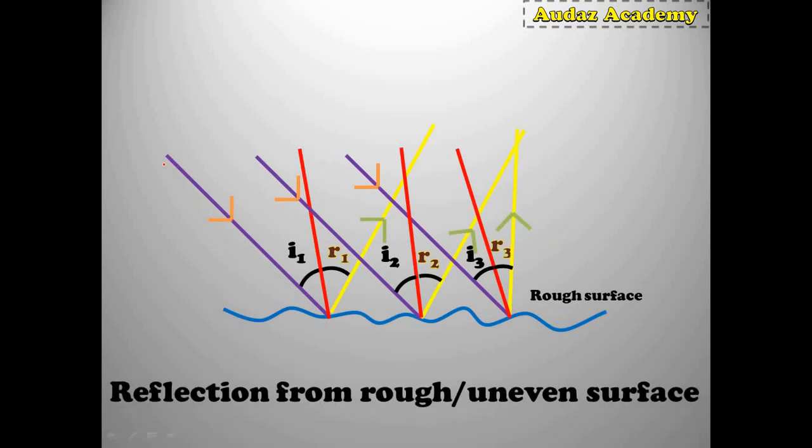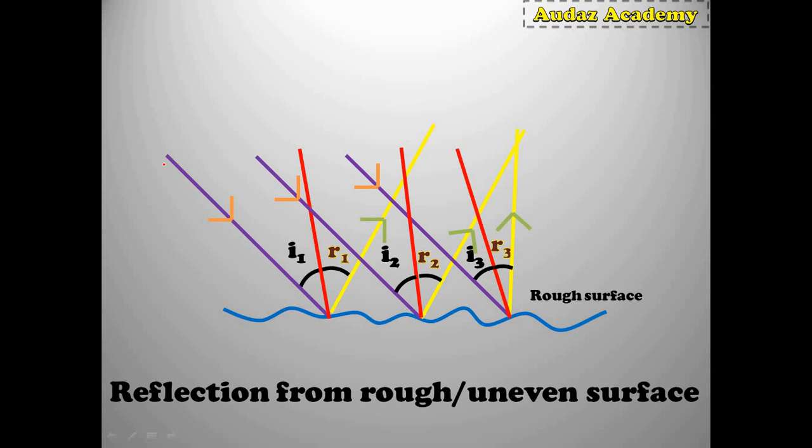Next, reflection from a rough or uneven surface. Reflection of light from a rough surface is called irregular reflection. In this case, the incident rays are parallel to each other, but the angle of incidence of the first ray may not be equal to the angle of incidence of the second ray. It also may not be equal to the angle of incidence of the third ray, and so on.